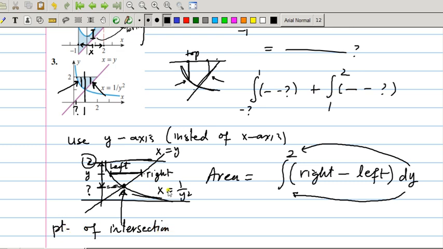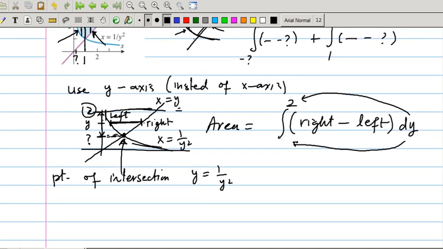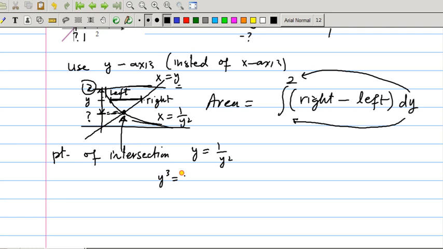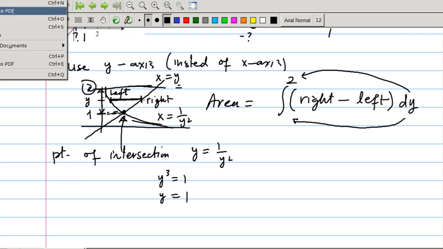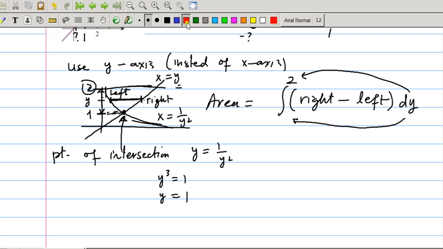And then I need the limits of y now. Okay, so I know that y goes up to 2 from this point. So this point is the intersection. What are the curves? One is x is equal to y. The second is x is equal to 1 over y square. I can find this intersection by taking these together: y is equal to 1 over y square.